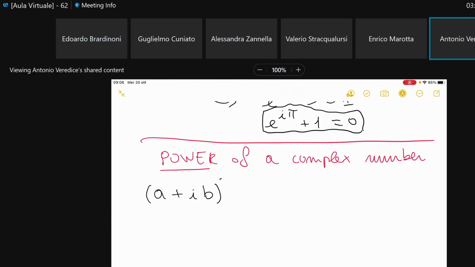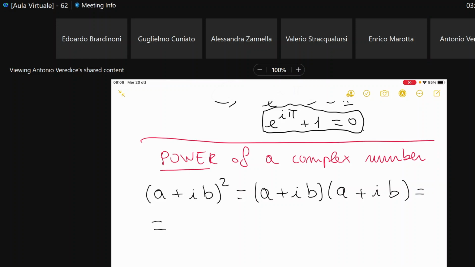If you consider computing a plus ib squared, in this simple case you can even use the Cartesian form, and you have the product a times a, so a squared minus b squared, this is the real part, plus i times ab, so 2ab.